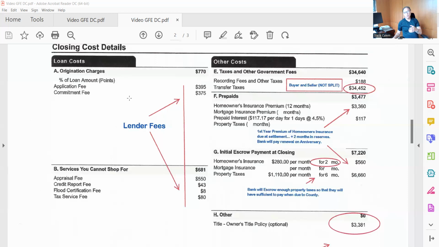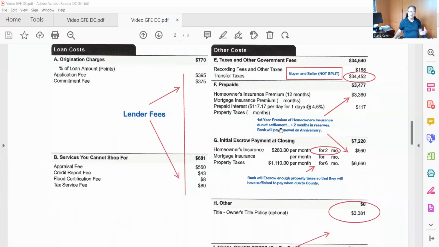And on the anniversary date of that first payment, you're going to have 12 months in the kitty, and we, the bank, are going to pay that for you. So you're always going to pay 1 year prior at settlement so that you have it in place. And every month you're going to put in 1/12 so that in the anniversary, we will have the home insurance for you.